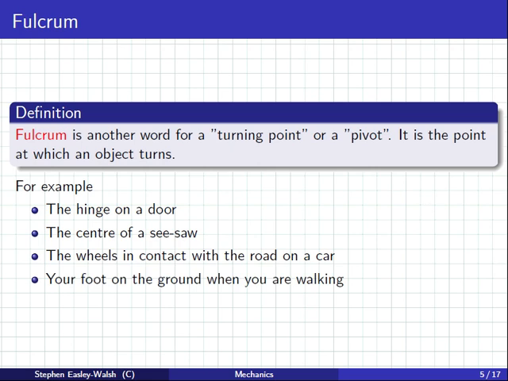When you put your foot down, that point is like the hinge on the door. It's a turning point because your foot is turning, as you're walking. So these are all fulcrums or turning points or pivots, you can call them. Okay, so you need that definition, that vocabulary.